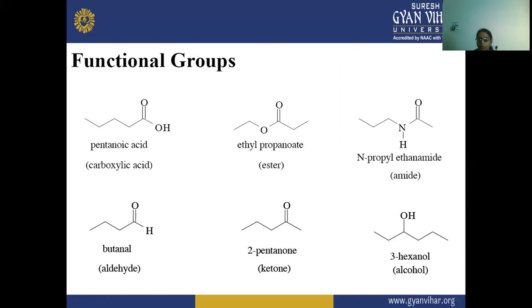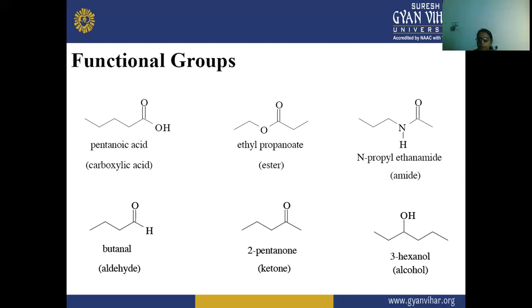This is your COOH, so it shows that this is a carboxylic acid. Next is your ester, with the group COOR. So this is your ester, and here the suffix is applied as oate.